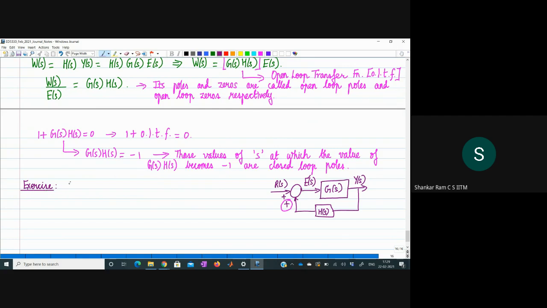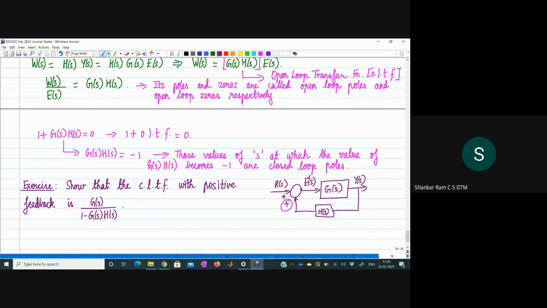I just want you to show that the closed loop transfer function with positive feedback is g of s divided by 1 minus g of s h of s.